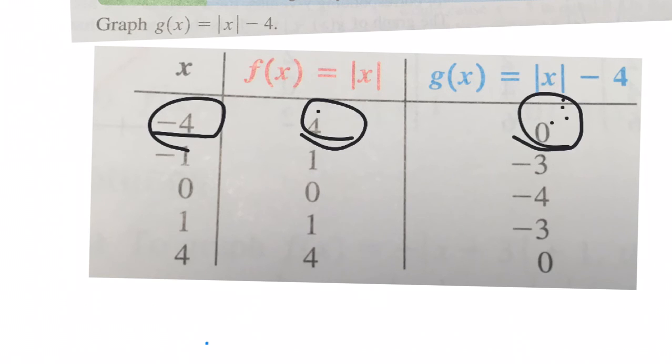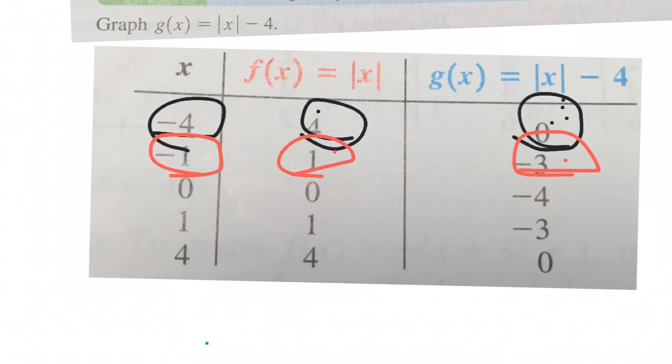Alright. Likewise, when you plug in negative 1, you'd get positive 1 for the parent function. But that point on the vertical translation, since it's minus 4, it'd be shifted 4 units down. So 4 units below positive 1 on the y-axis would be negative 3.